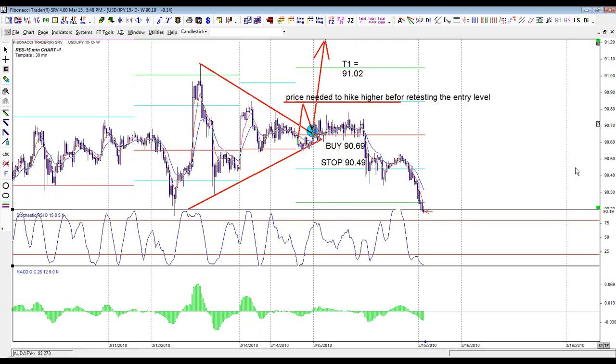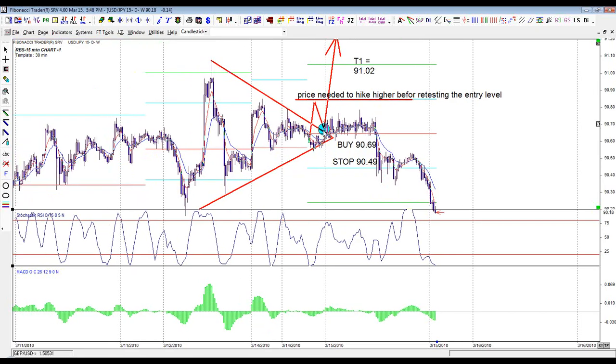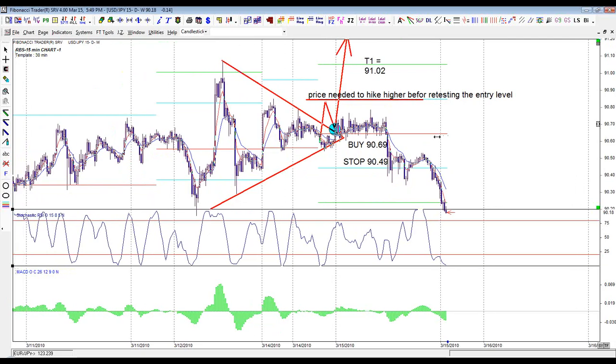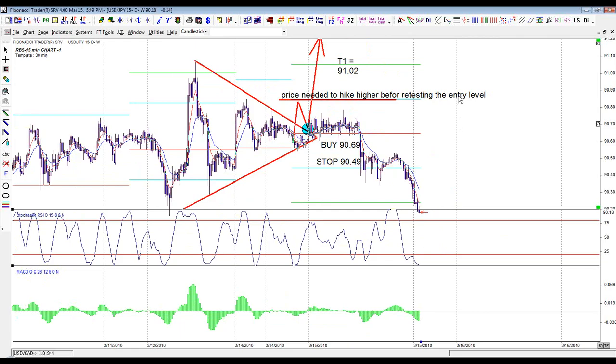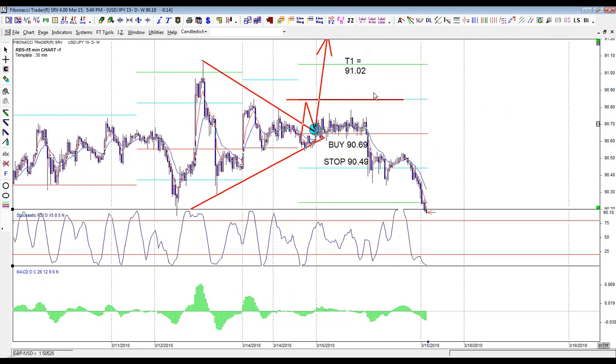Now here, we had a breakout to the south. I wasn't looking for an entry. And as I said, I'm always looking for the price to break the previous highs. Once we break the pennant, you can see that in this setup, the price broke not to the north, not to the south, but broke horizontally.